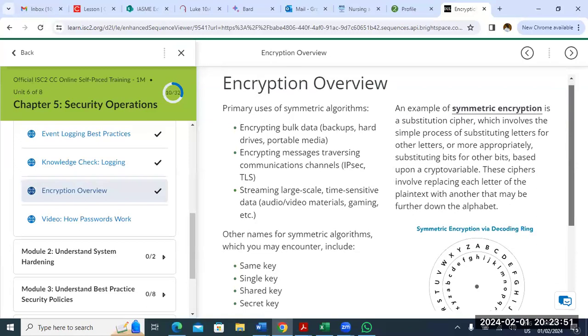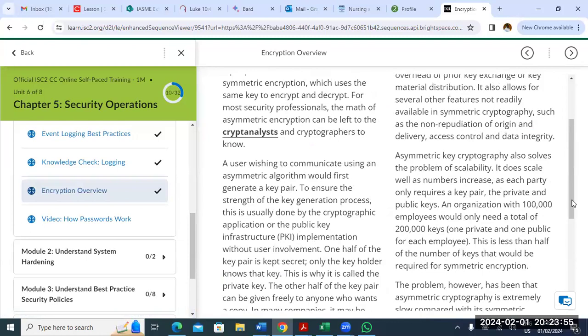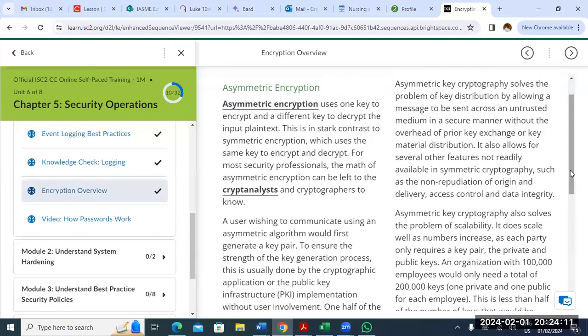So okay. Asymmetric uses one key to encrypt and a different key to decrypt, which is the opposite of the other one. The other one uses the same key to encrypt and to decrypt, but the asymmetric is using different keys: one to encrypt, and another one entirely, different from the one used in encrypting, to decrypt.